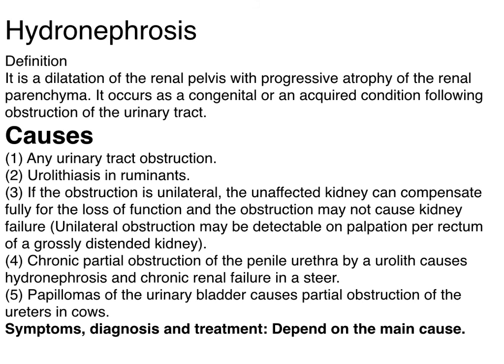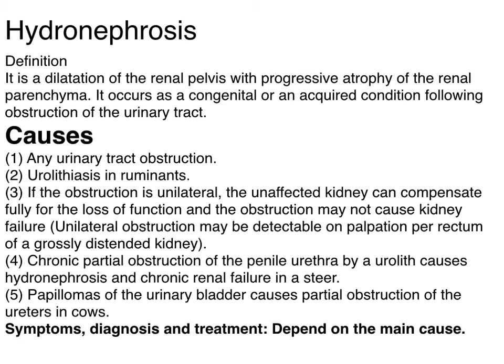The last disease condition we take in kidney diseases is hydronephrosis, meaning accumulation of fluids. It is dilatation of the renal pelvis with progressive atrophy of the renal parenchyma. It occurs as a congenital or an acquired condition following obstruction of the urinary tract.